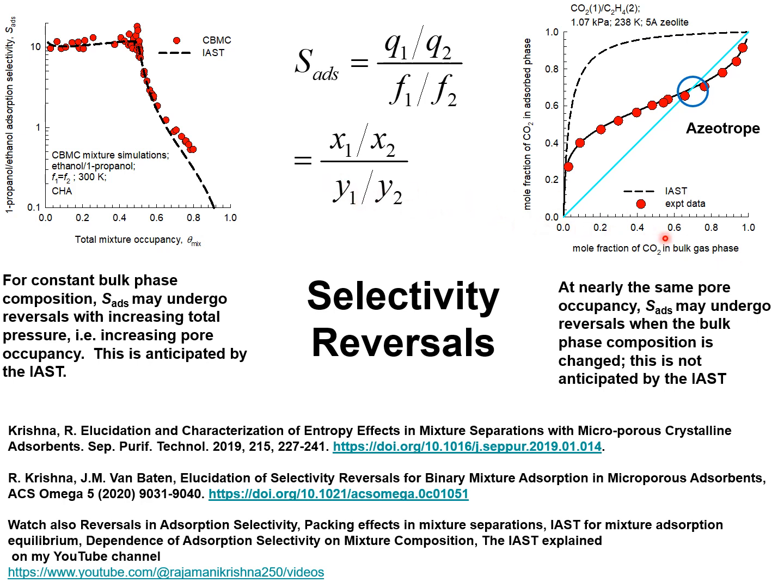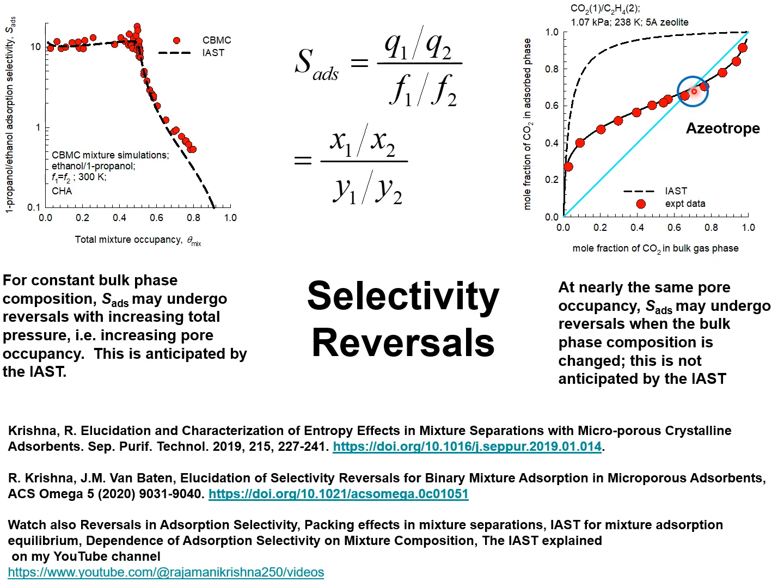And we note that at a bulk gas phase composition of CO2 of 0.7 approximately, the selectivity reversal occurs from being CO2 selective to being selective to ethene, C2H4.